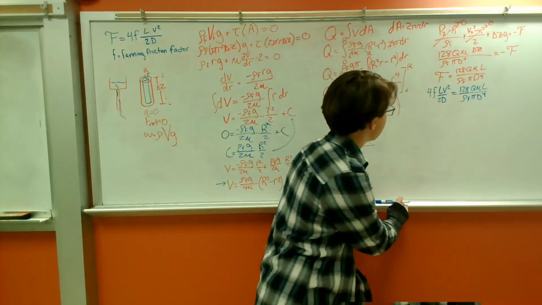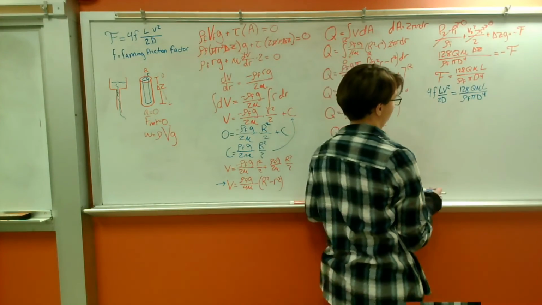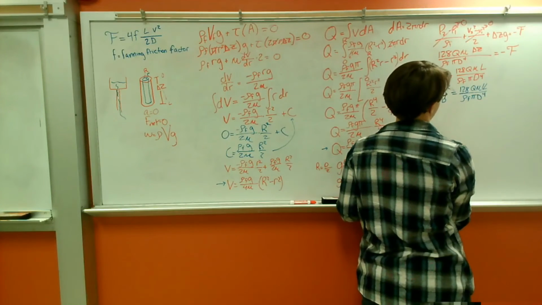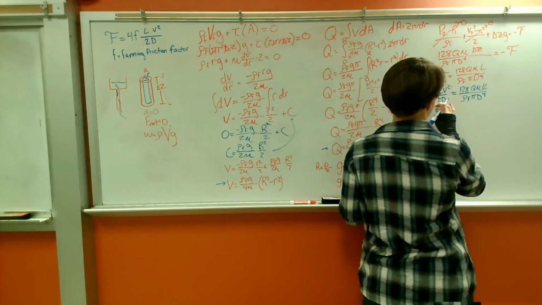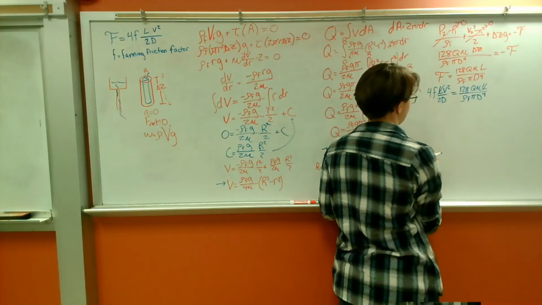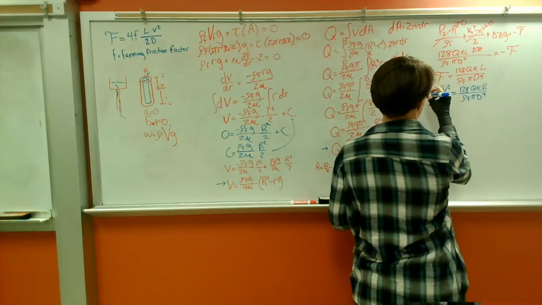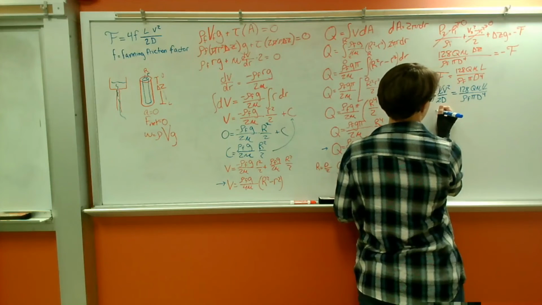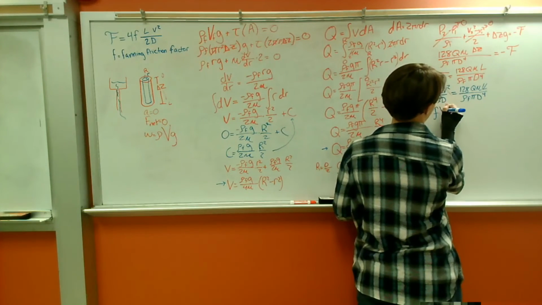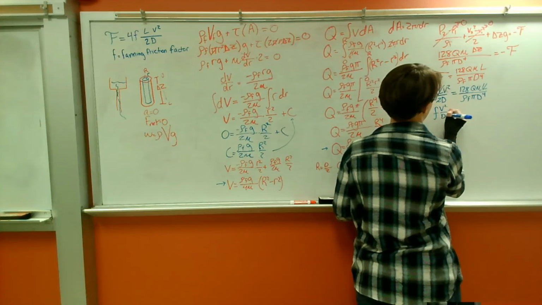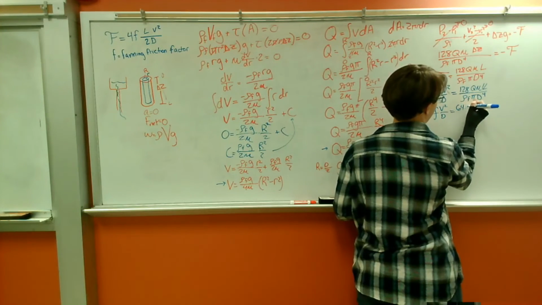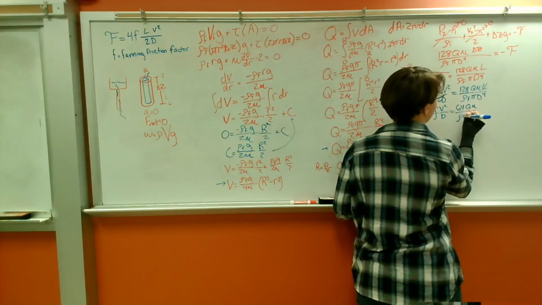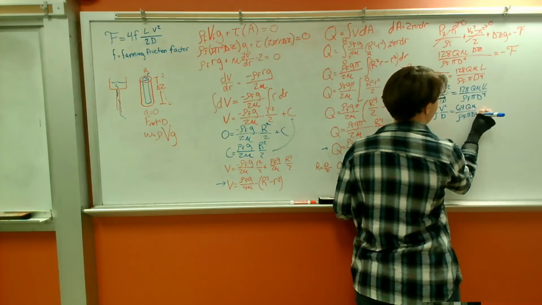Alright, so now we have some things that can cancel over here. Our L's are going to cancel, and then our numerical constants can combine, so 128 divided by 2 is 64. So we've got f v squared over d equals 64 q mu over rho f pi d squared.